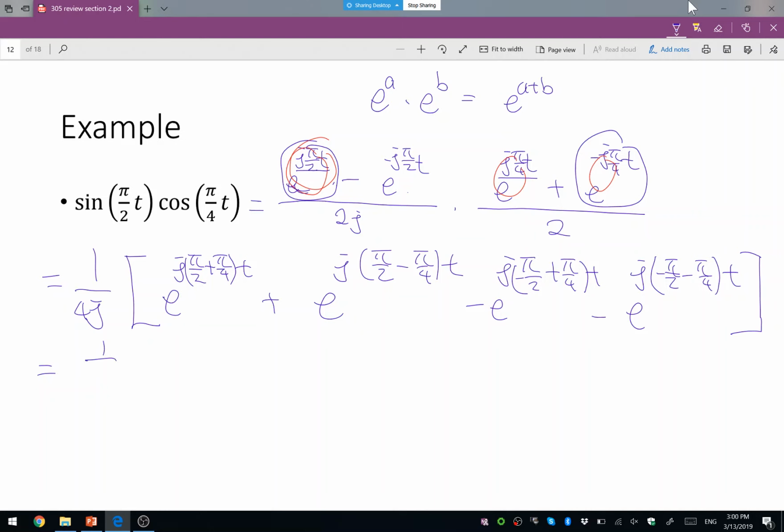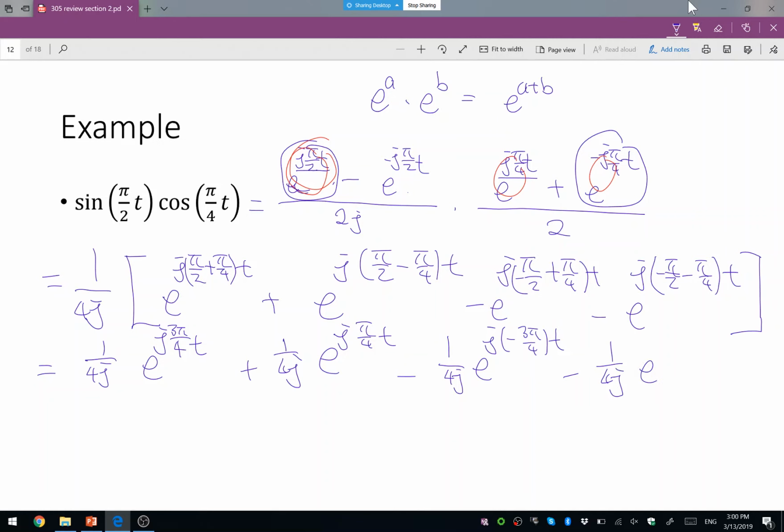It becomes 1 over 4j e to the power of j 3 pi over 4 t, plus 1 over 4j e to the power of j pi over 4 t, minus 1 over 4j e to the power of j minus pi over 4 t, minus 1 over 4j e to the power of j minus, oh sorry, this one should be pi over 2, yeah, minus 3 over 4 pi t.